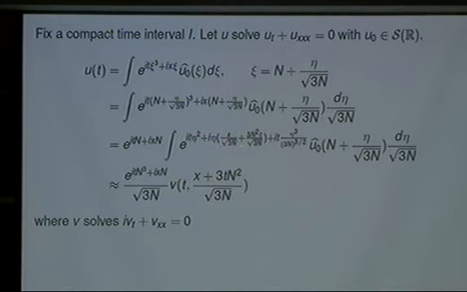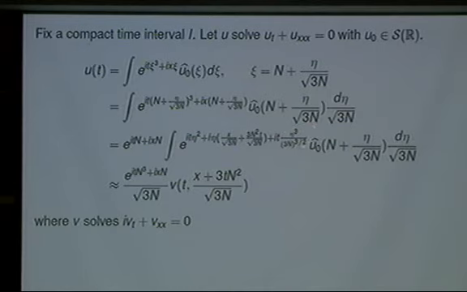But it is evaluated at the point x plus 3tN squared over the square root of 3N. But when u is now compactly supported, the Schwartz function is decaying faster, then we can ignore this, because if N is big, then this term is very small.